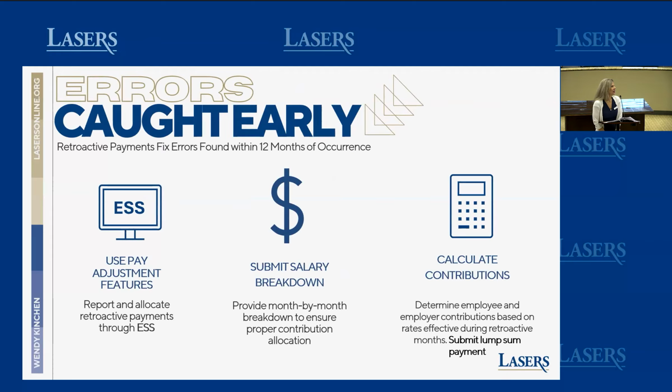I said it earlier. However, errors happen, they are made. The fix to reporting errors is dependent upon the timing that the error is realized. If there is a reporting error and it is realized within 12 months of the error being made, the fix is a retroactive payment.